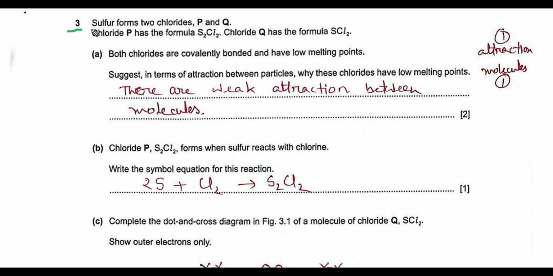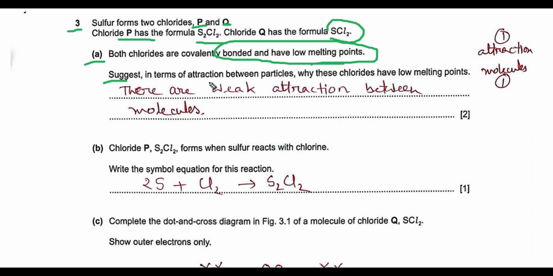Question number 3. Sulfur forms 2 chlorides, P and Q. Chloride P has the formula S2Cl2, chloride Q has the formula SCl2. Part A: both chlorides are covalently bonded and have low melting points.